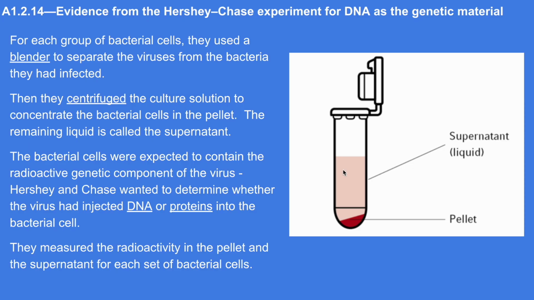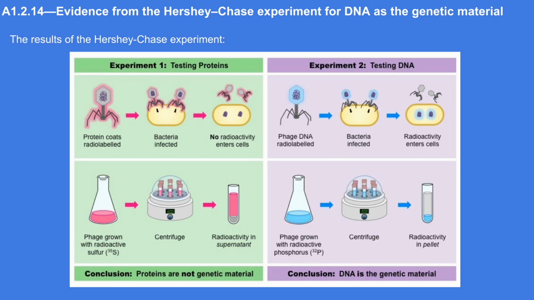Hershey and Chase wanted to determine whether the virus had injected DNA or proteins into the bacterial cell. So let's look at their results. The first experiment, they tested proteins. Here's where they labeled those protein coats with this radioactive sulfur. When they allowed the viruses to infect the bacteria, we know that it's actually DNA that's being injected, and so no radioactivity entered the cells.